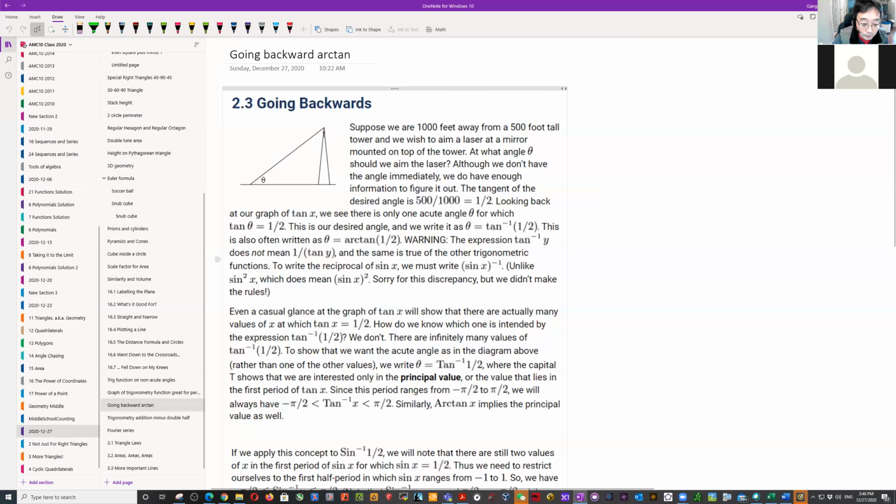This is 1,000 feet away, and this is 500 feet. So the tangent, the opposite over the adjacent, is actually 1/2. So basically, theta equals tangent to the power of -1. The -1 means it's just trying to find the inverse of this ratio.